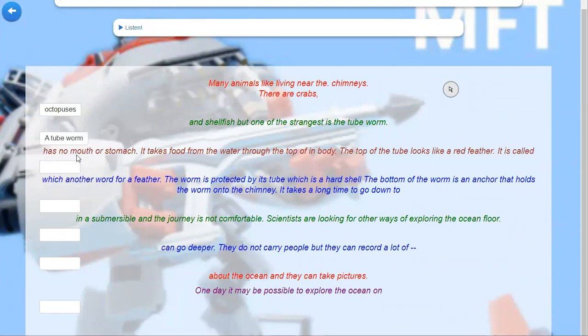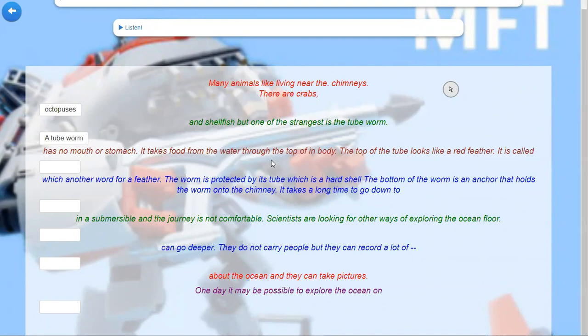A worm, it's called a tube worm. It has no mouth or stomach. It takes food from the water through the top of its body. The top of the tube looks like a feather, as we saw. This is the tube worm. It looks like a feather, a risha.